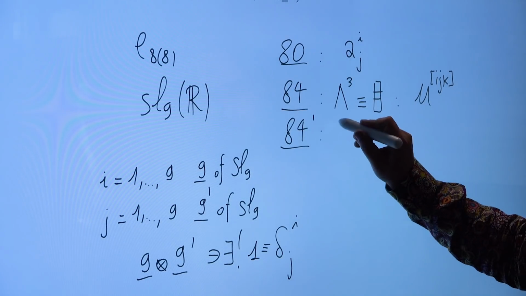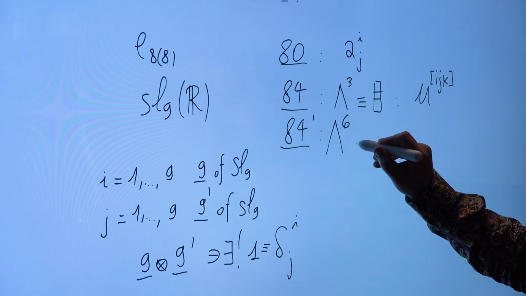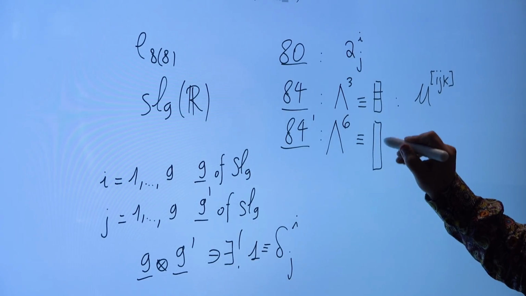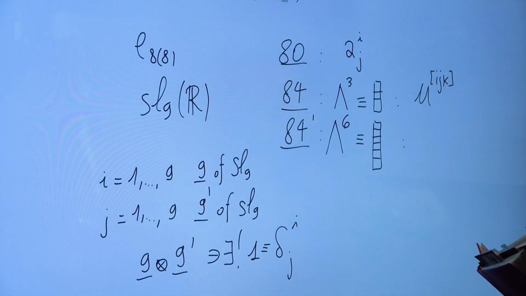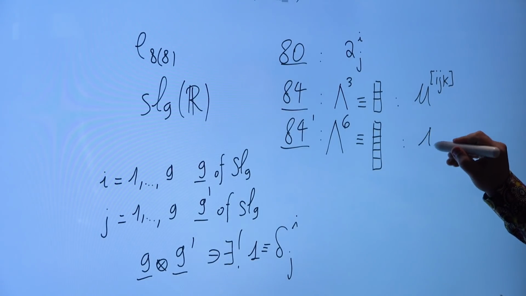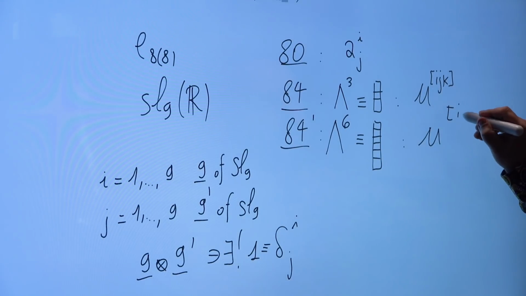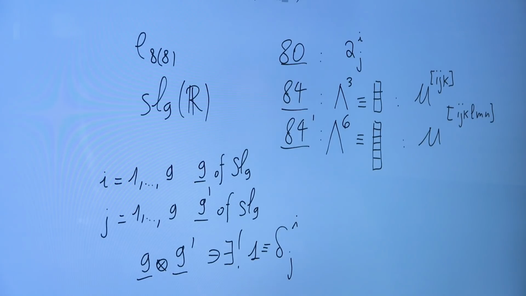Now, this, as I said, is the 6-form, which means in terms of Young tableau, something like this. And this can be written, of course, once again as a completely antisymmetric rank 6 tensor. And how comes that they have the same number of degrees of freedom?